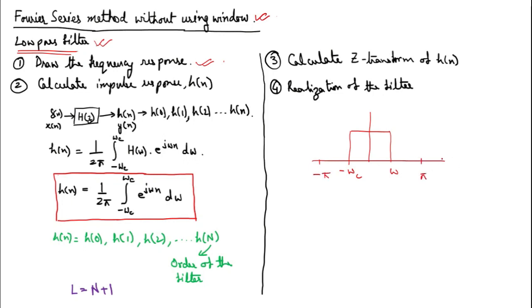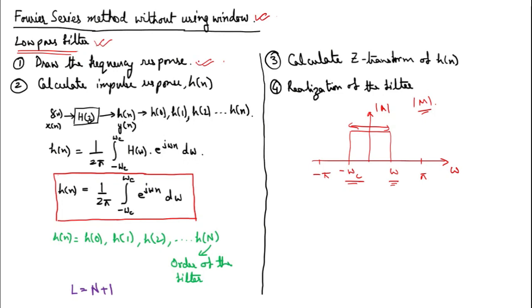This would be our frequency characteristics, and we will be having the modulus of A, or in some books you will find modulus of M, whatever you call. So basically that is the amplitude. We are having a pass band in the region of minus omega c to omega c. That is the important thing.